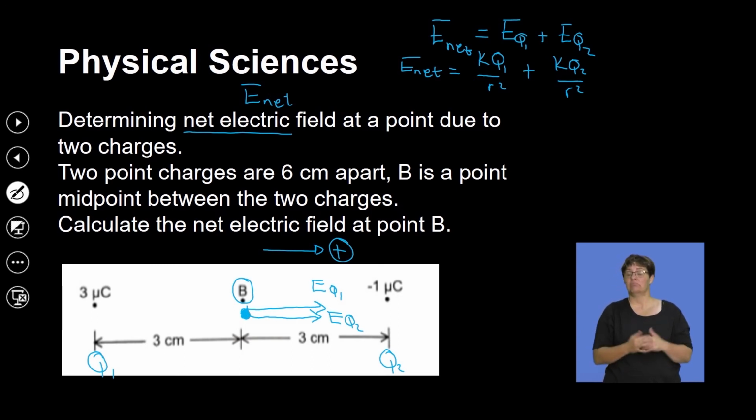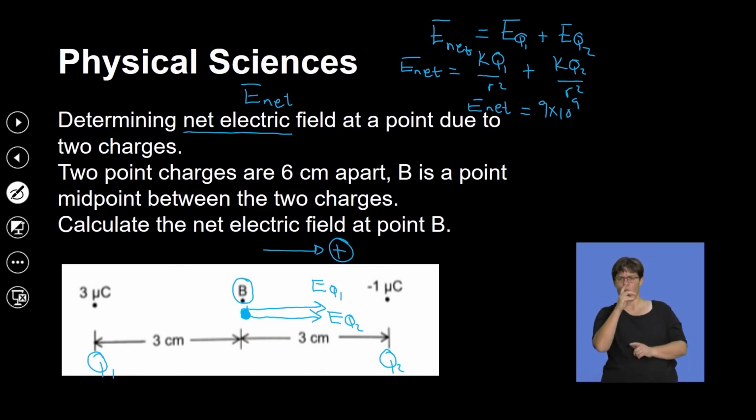Now, if we carry out our substitution for E net, we'll have something of this sort. E net is equal to 9 times 10 exponent 9. Wait a minute. The magnitude of Q1 is given in microcoulombs, so we need to carry out the necessary conversions before we substitute into the equation.